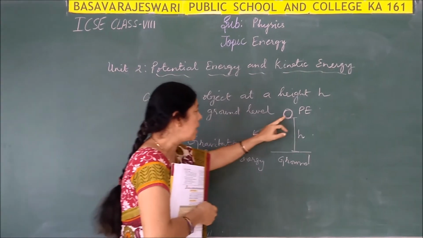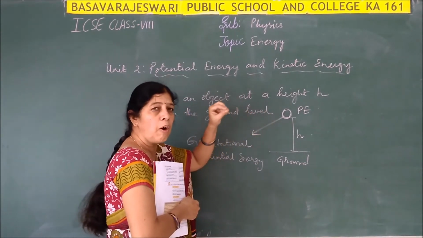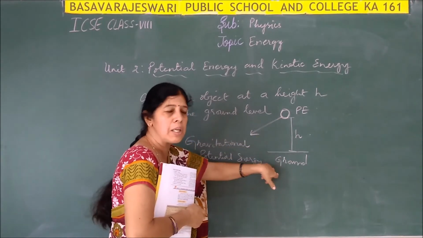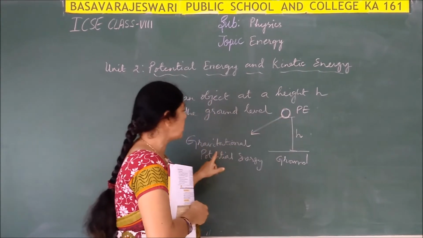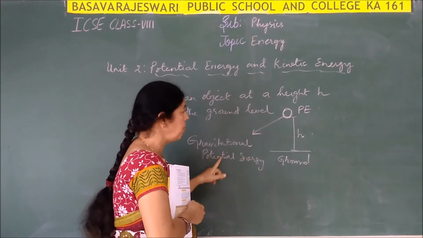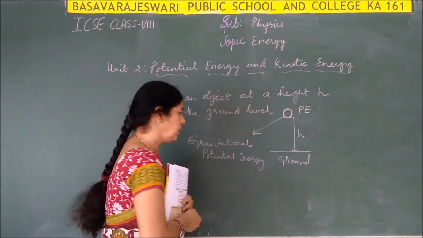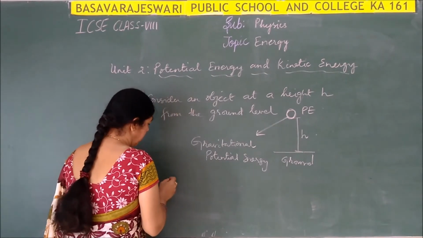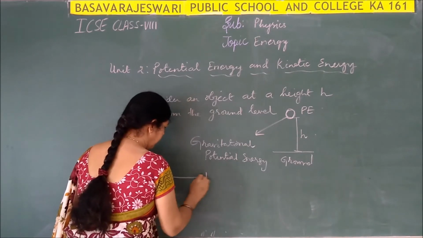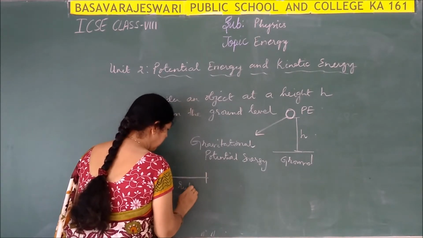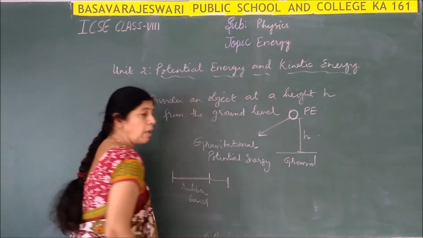Now this body is under the influence of gravitational force, right? Because when the body is allowed to fall freely, then the body will reach the ground in a certain time t. So the body, when it is at rest at a certain height from the ground, will possess some energy, potential energy only, because the body is at rest, and that potential energy is called gravitational potential energy. Suppose you take an elastic rubber band and stretch it, then what happens?